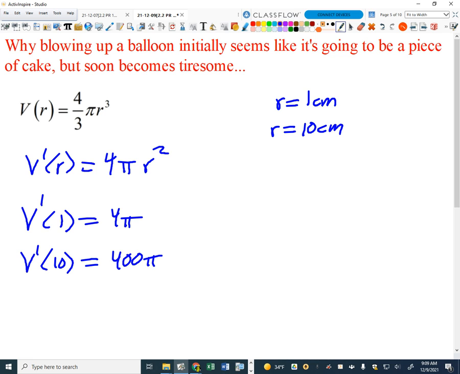The rate at which the volume is changing as we increase the radius is much bigger for 10, right? It's a tremendous increase in volume to get a slight increase in radius when the radius is big compared to when the radius is small, right? Increases in radius here give us small increases in volume. Okay? Everybody see that?